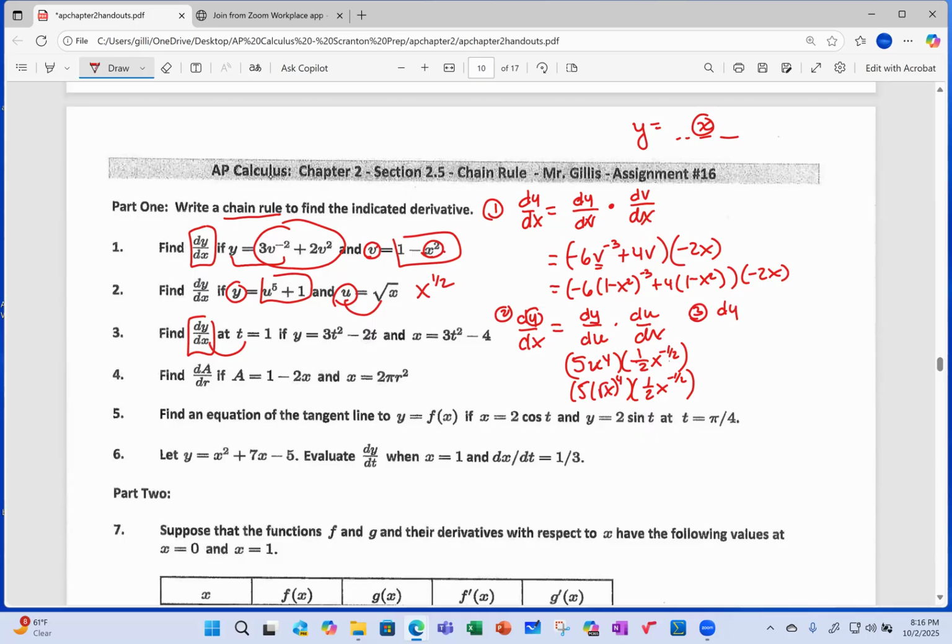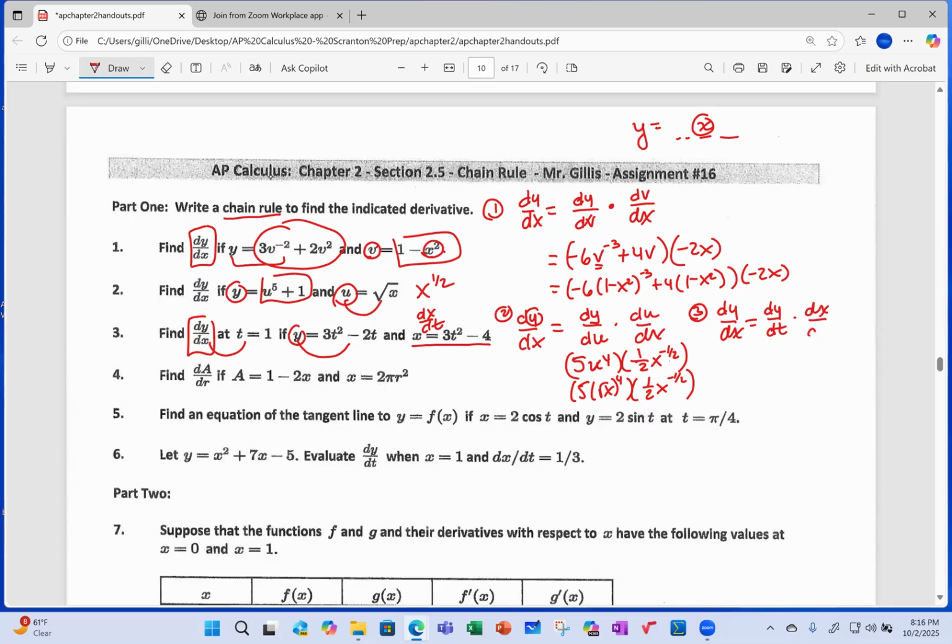So then dy/dx would be equal to the derivative of y with respect to t times, now this gets a little tricky, I need a dt up here, and I don't have that, because this would be the derivative of x with respect to t.